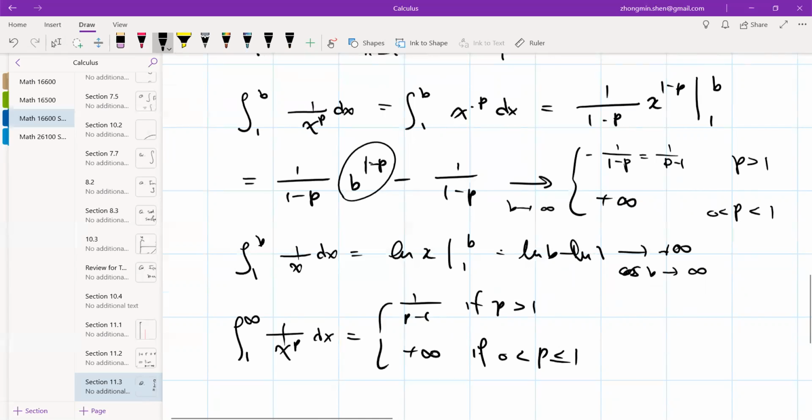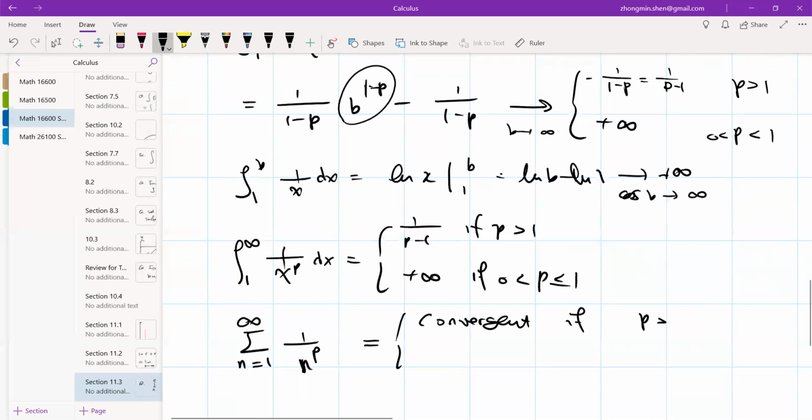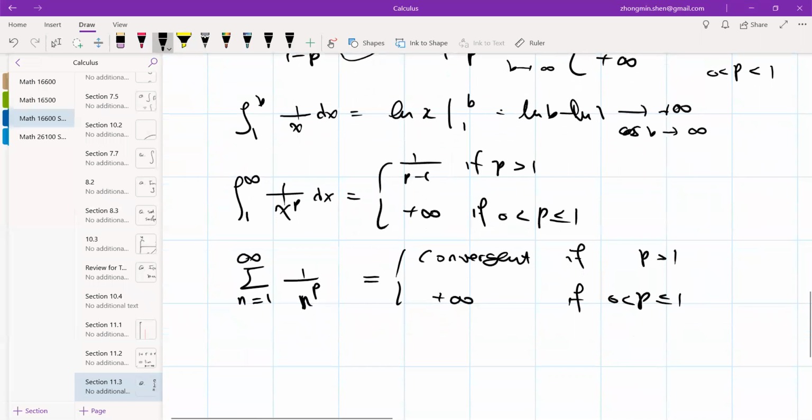So this also implies that this series, the p-series, is finite. It's going to be convergent if p is greater than 1, and divergent if p is less than or equal to 1 and greater than 0.